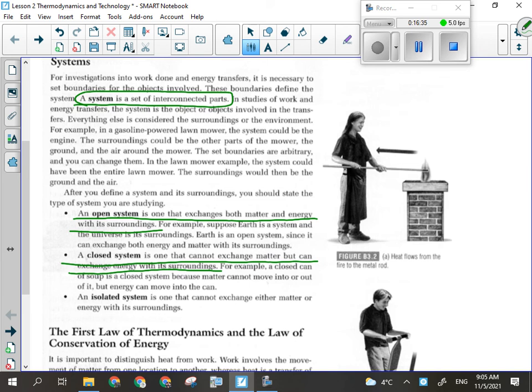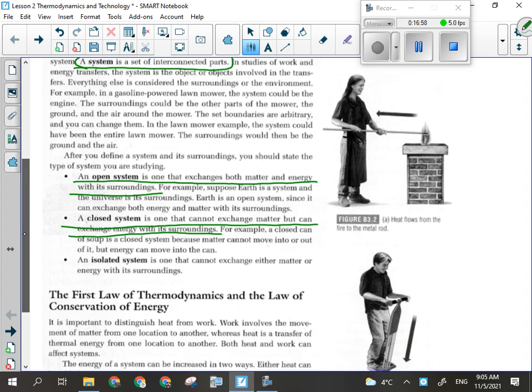No water will escape, no gases will get in or out, but energy will escape and eventually the food will freeze. That means it's losing energy to the fridge, its surroundings. So that's a closed system.